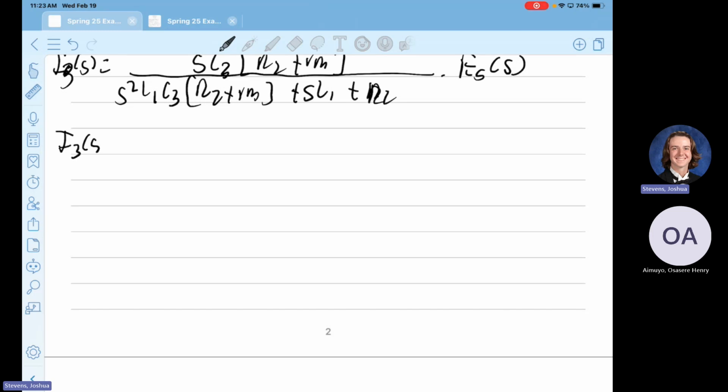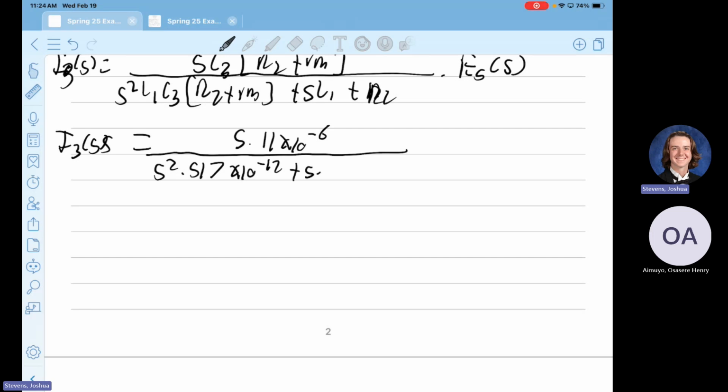I got I3 of S equals S times 11 times 10 to the negative 6th on top, and S squared times 517 times 10 to the negative 12 plus S times 47 times 10 to the negative 6th plus 100 on the bottom, all times EG of S.